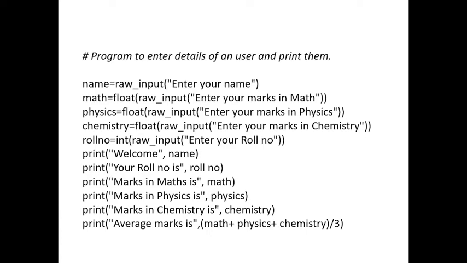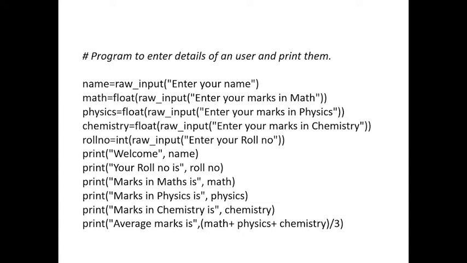Print welcome comma name, your roll number is comma roll number. Marks in math is math, marks in physics is physics, marks in chemistry is chemistry. Average marks equal to math plus physics plus chemistry by 3.